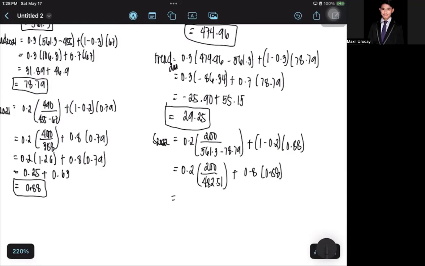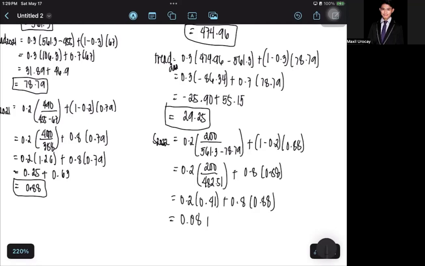For this one right now, 200 divided by 482.51, that will equate to 0.2 times the 0.41, and then 0.8 times 0.88. So calculating then, 0.2 times 0.41 will become 0.08.